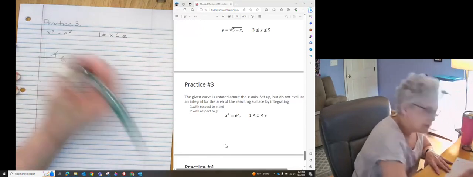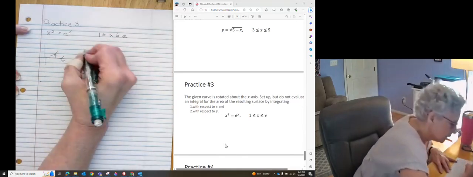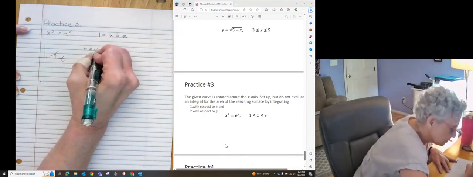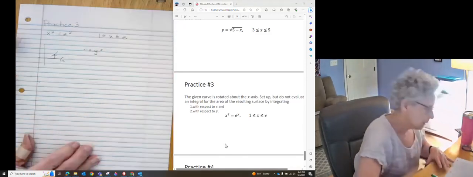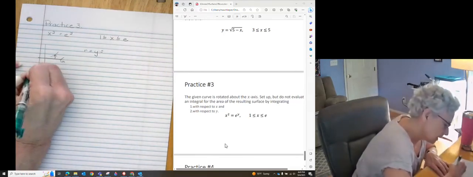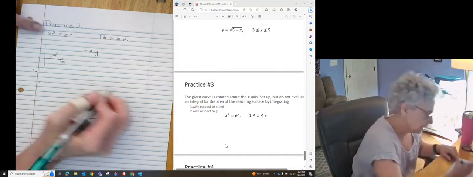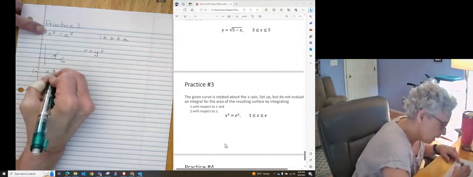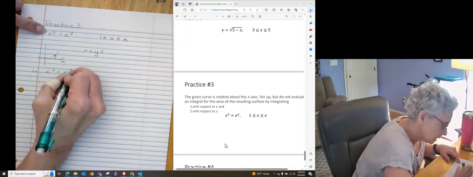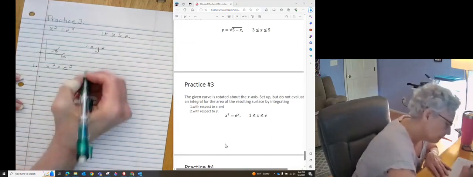So the important thing that I need to know is that my radius is equal to y. If I want to integrate with respect to x, I need functions with x's in them. So since x squared is equal to e to the y, I want to isolate y.